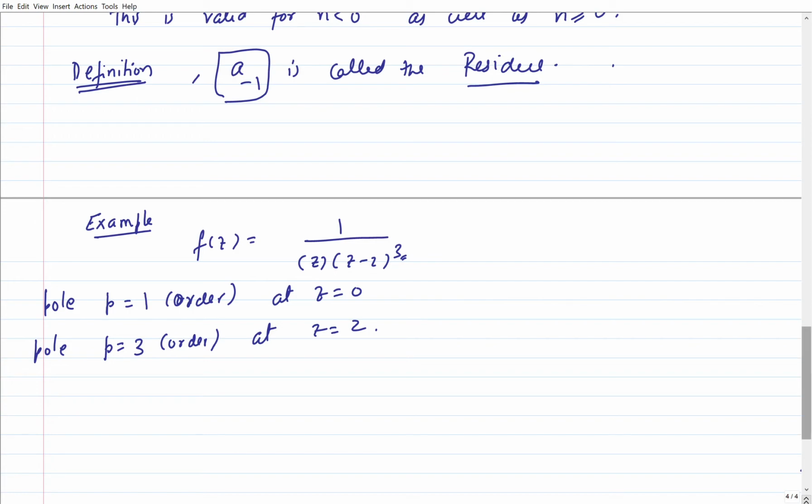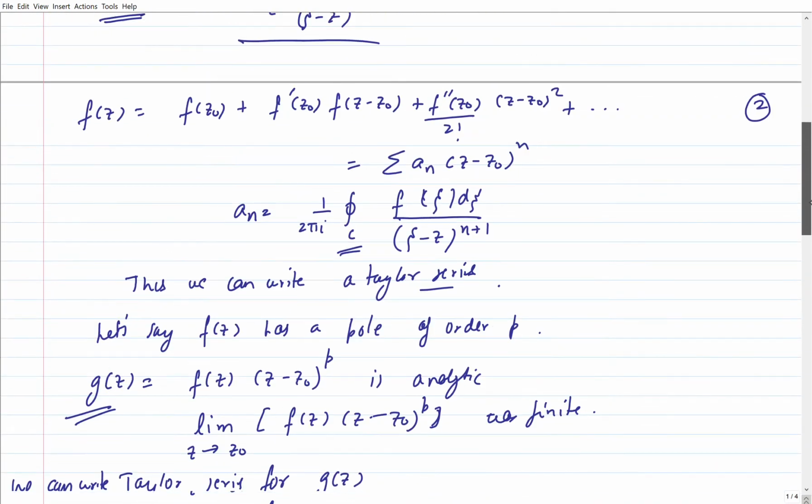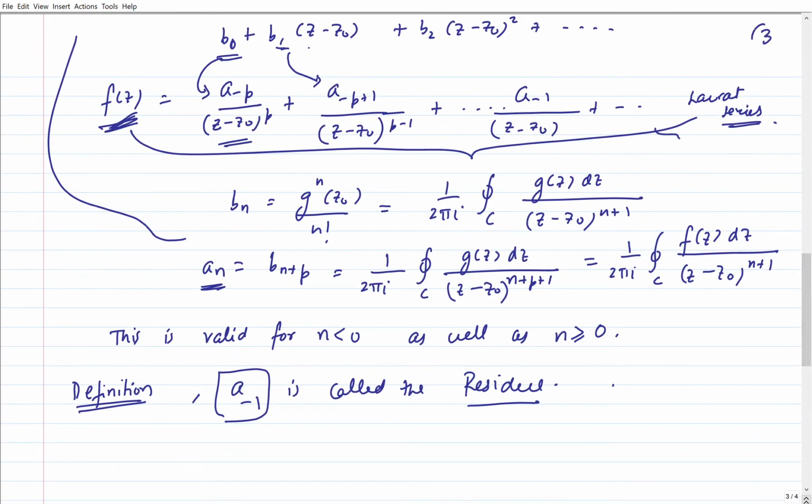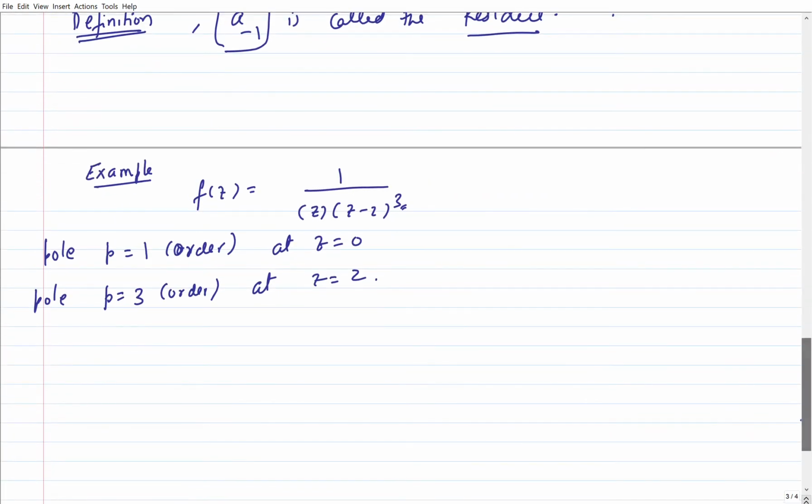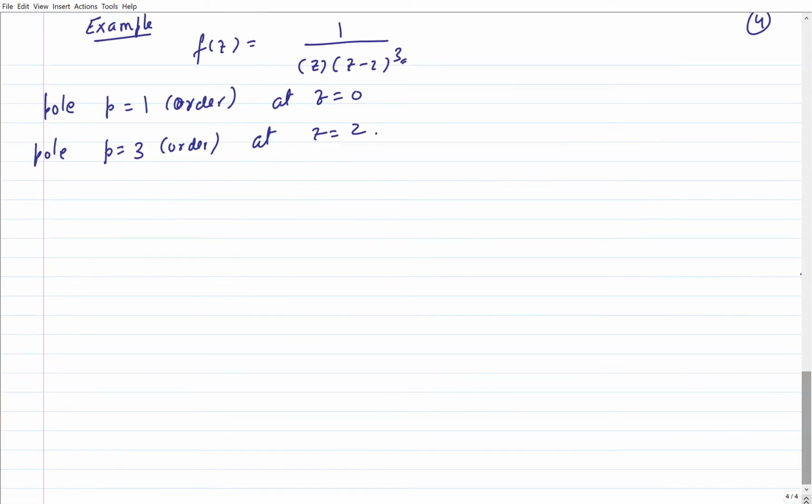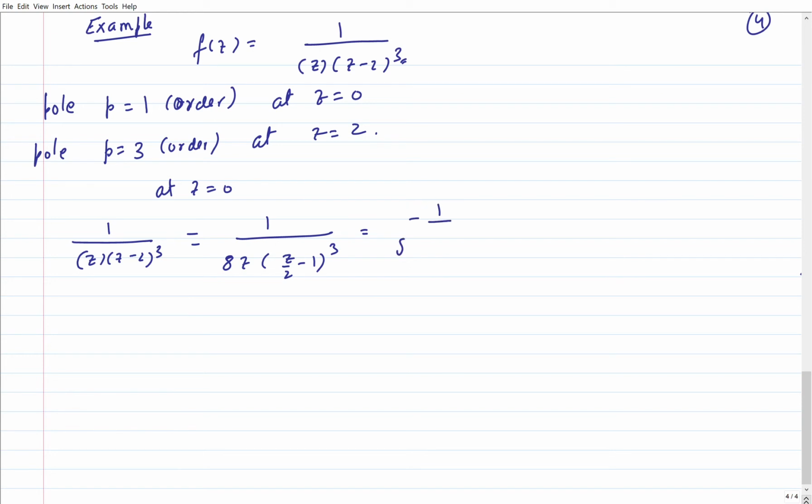Now let us look at z equals 0. I have this function, and I'll just massage it and write it in terms of 8z times (z by 2 minus 1) the whole cube, and that's nothing but minus 1 over 8z times (1 minus z by 2) to the power of cube.